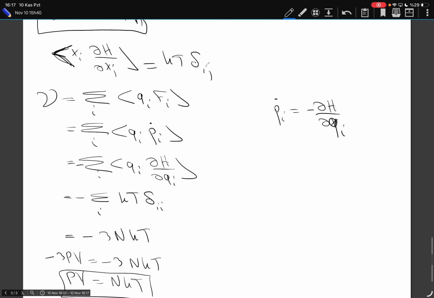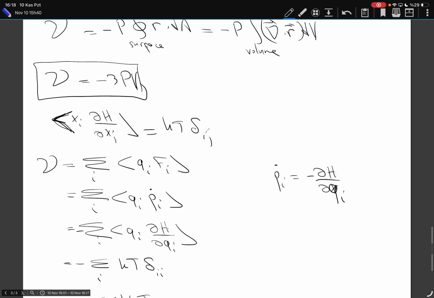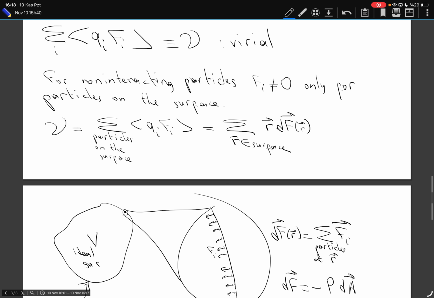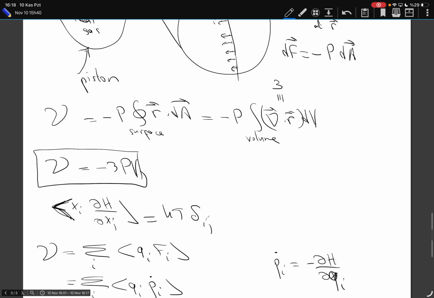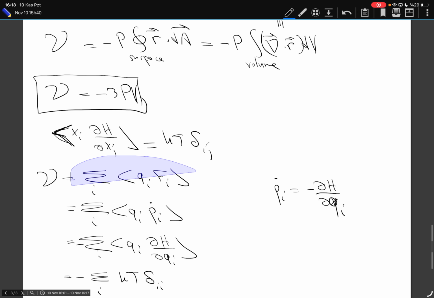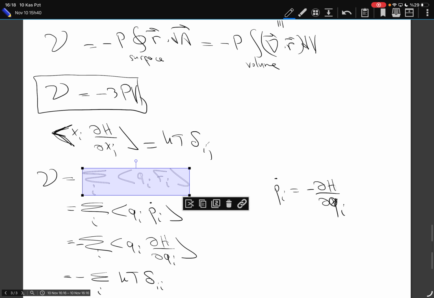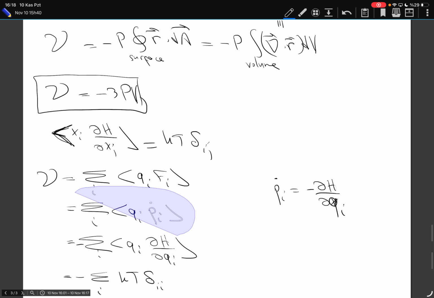Now just pay attention to something. You see here, I started with writing particles on the surface, because for other particles Fi is just 0. So in this sum, what contributes is only the particles on the surface. I come over here, Pi dot. I'm summing over all i, well, some of them will be 0.